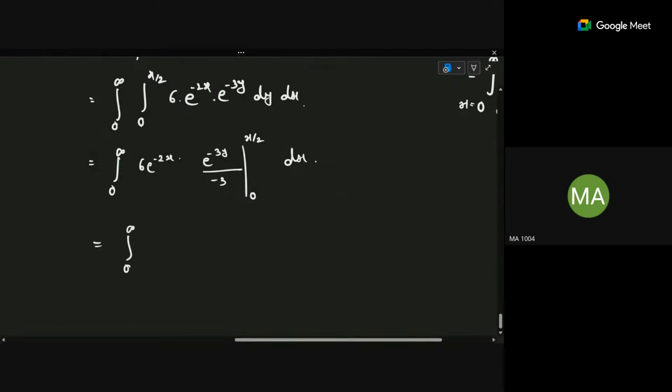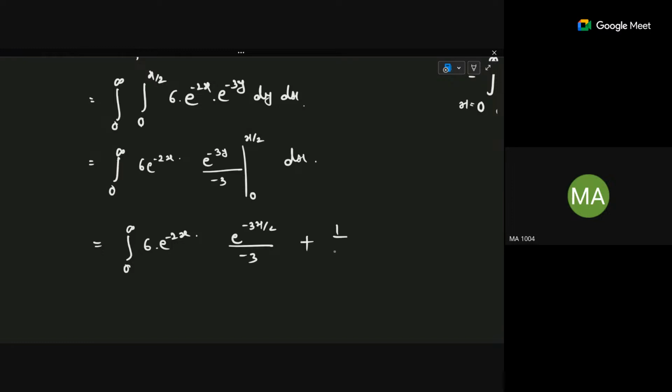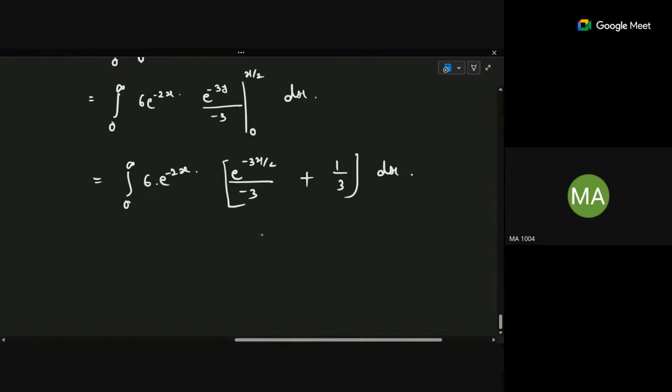From 0 to infinity, have you calculated this one? It will be 3x by 2 minus 3, minus minus plus 1 by 3, dx. Is it fine? Yes, ma'am. Then integrate it with respect to x. Let's keep 1 by 3 outside.